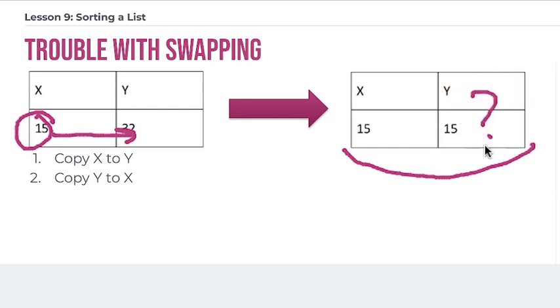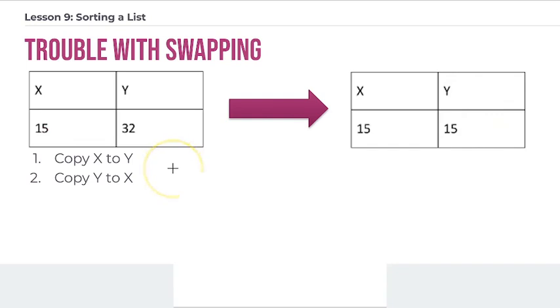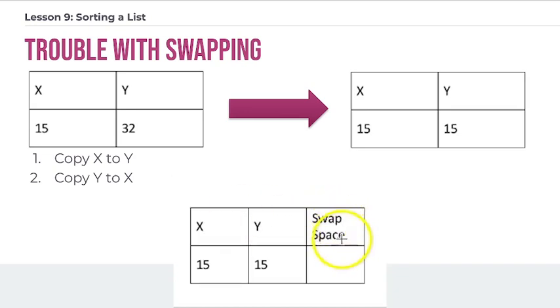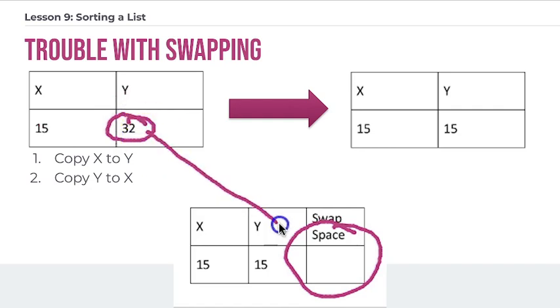It's gone. So, remember when we talked about how you would have to put the book down so that you could move the book in your right hand over to your left hand? Well, here you go, okay? Here's your space to put that 15 down. What we would have wanted to do in this case is first take 32 and put it in the swap space over here, right?